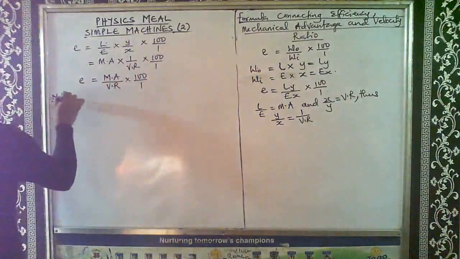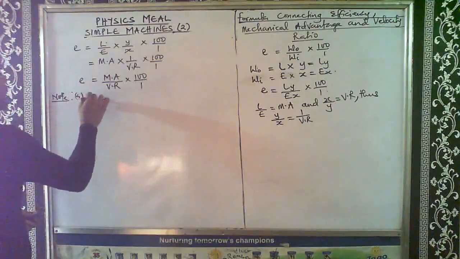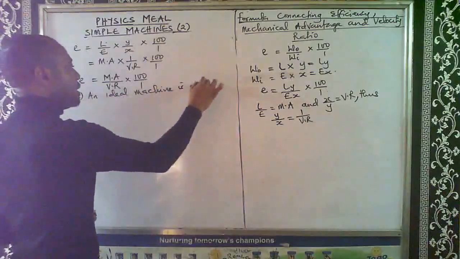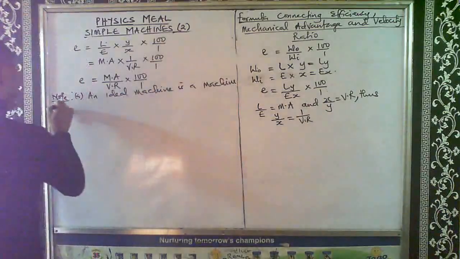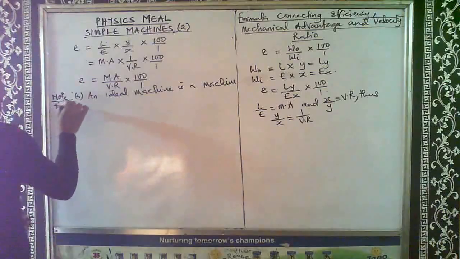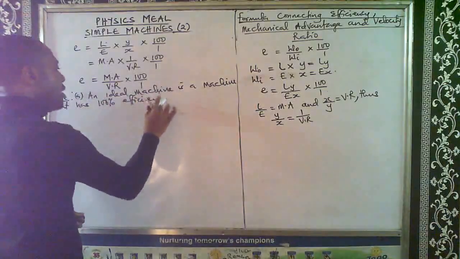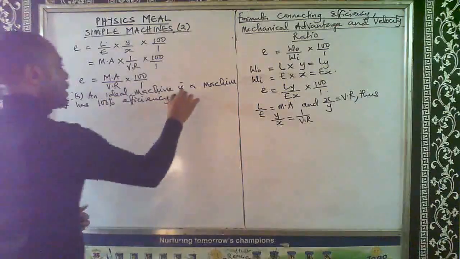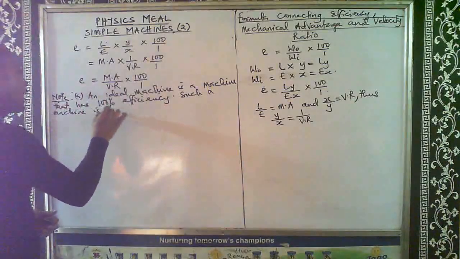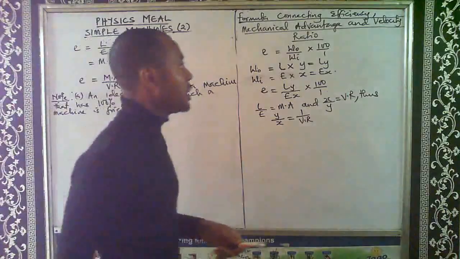So note, an ideal machine is a machine whose efficiency is 100%, or a machine that is 100% efficient. Such a machine is frictionless. In other words, when we say it's frictionless, the frictional force is negligible.